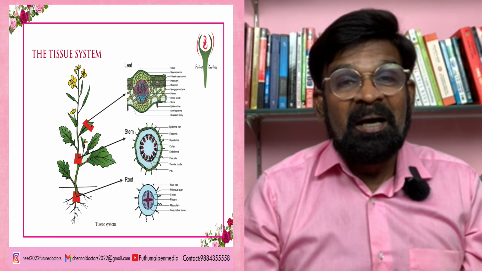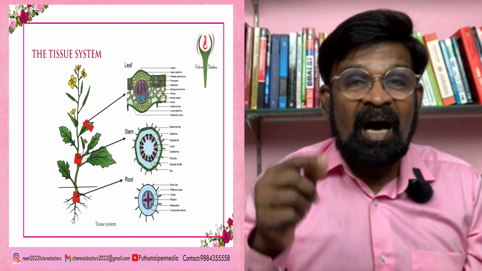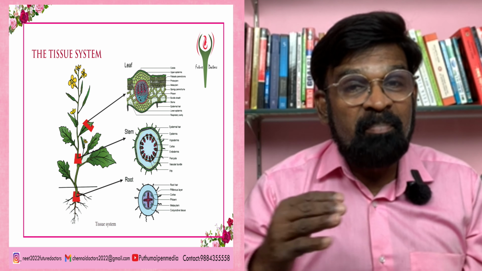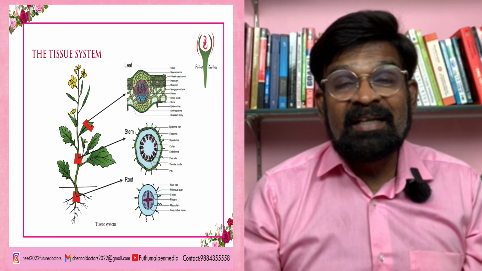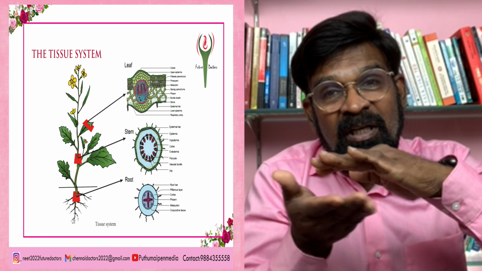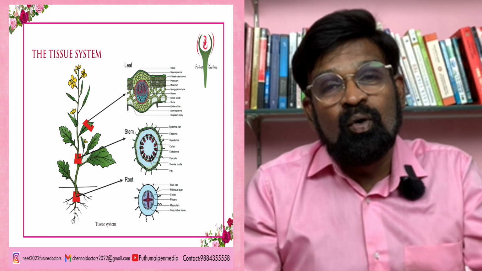Apple type: present on the upper side of the leaf. Example, apple, mulberry. Next is the oat type. Stomata are present almost equally on the two surfaces. Example, maize and oats. Next is the potato type.